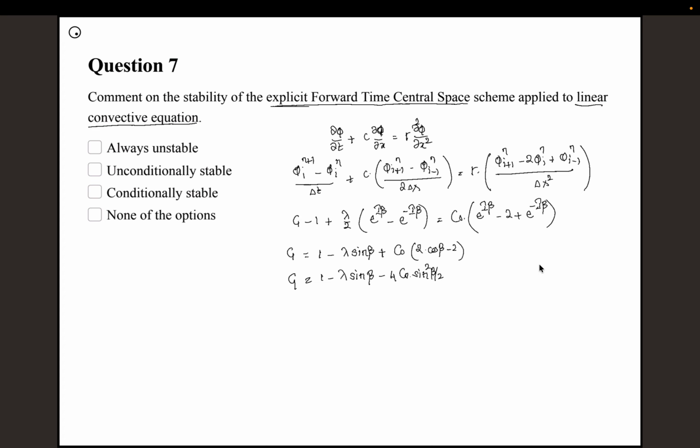So what can I comment on this? I need to check whether mod G is less than or equal to 1 or not.